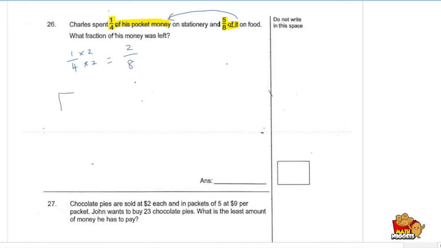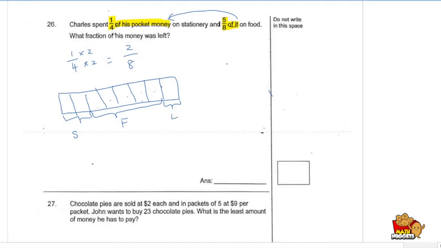So if I were to draw a model, I can draw his pocket money, which is 8 parts. So he spent 2/8 on stationery, 5/8, 1, 2, 3, 4, 5 on food, and this is the leftover.